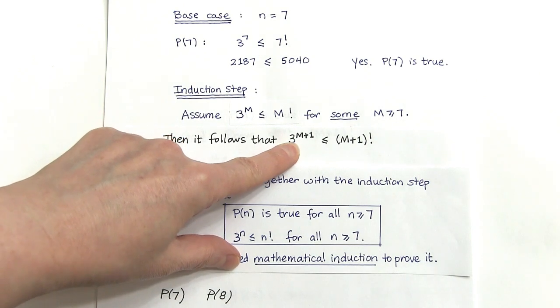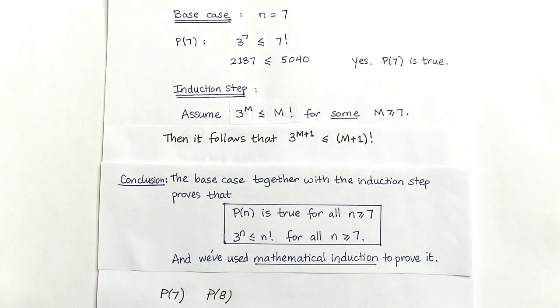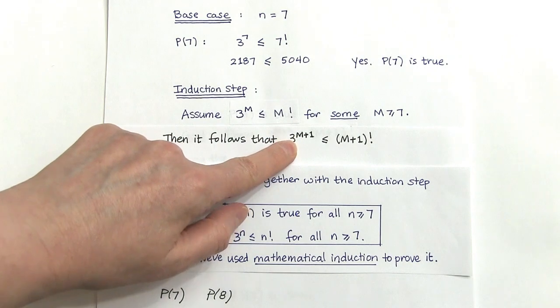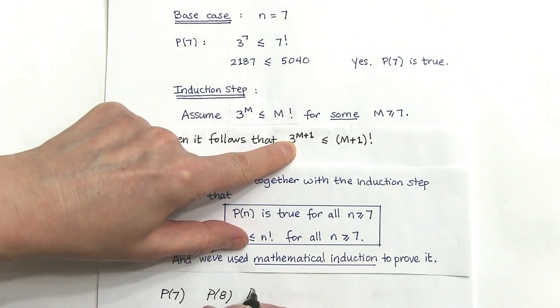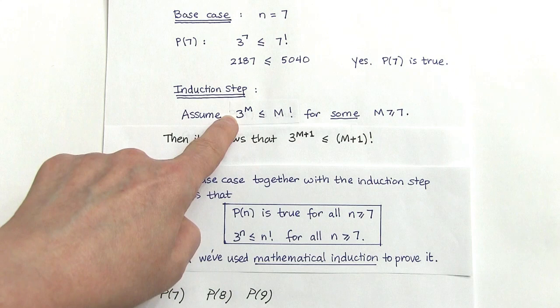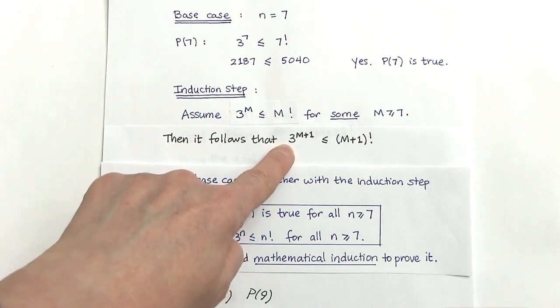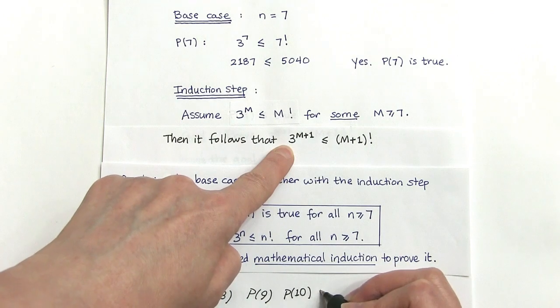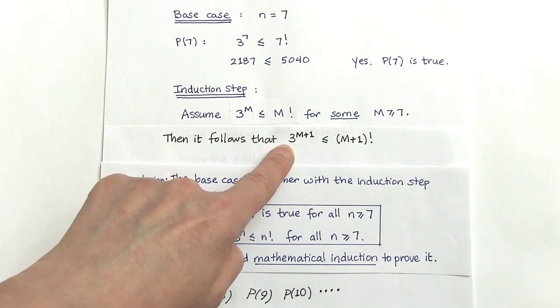And then applying the induction step again. If it's true for 8, then it must be true for 8 plus 1, or 9. And so on. The induction step says that if it's true for 9, it must be true for 9 plus 1, or 10. And so on forever and ever and ever.